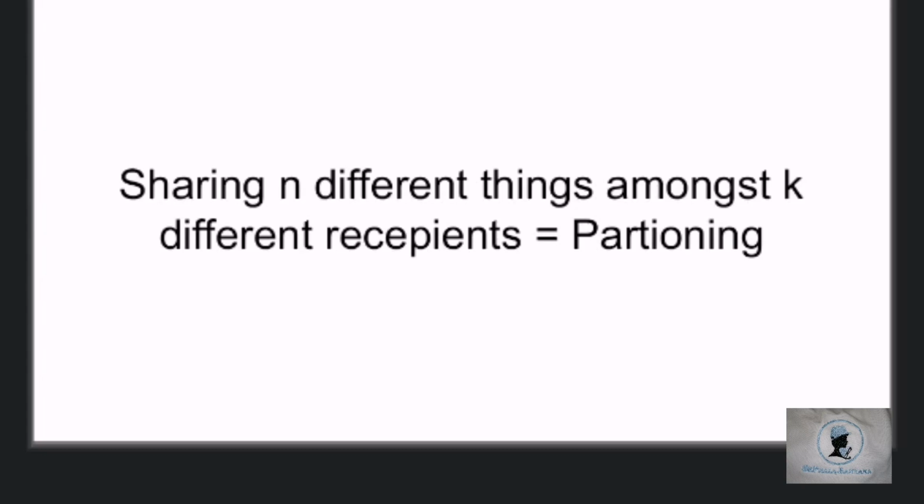And if there are no conditions and you are just required to share the n different things amongst k different recipients, the number of different ways we can share them is k to the power of n, where k is your different recipients and n are the different things that you must share amongst them.